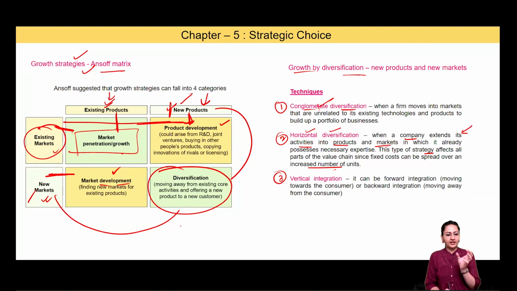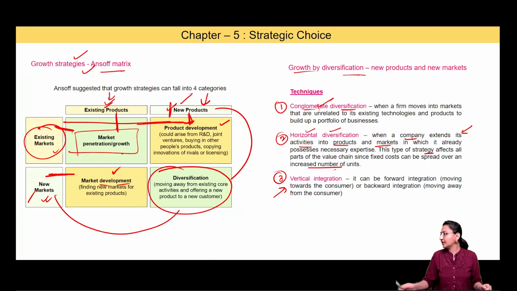I am into making fruit juices. Now I can acquire a company which is making fruit jams. That is a horizontal diversification. I am acquiring something which is related to my product, but that's a different product, not altogether different, but a small difference is there. And it will support my own business also. So I will diversify by acquiring the jam company.